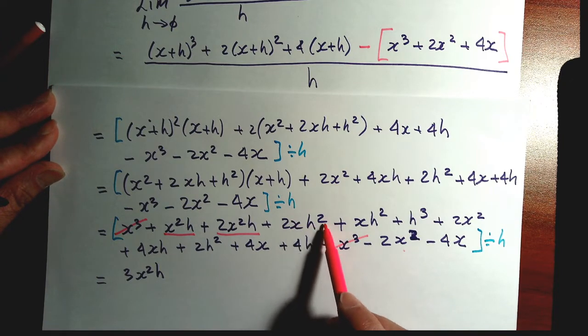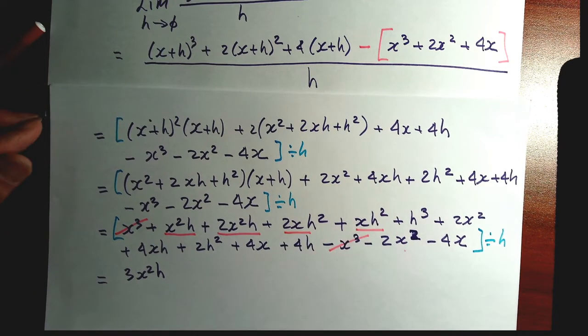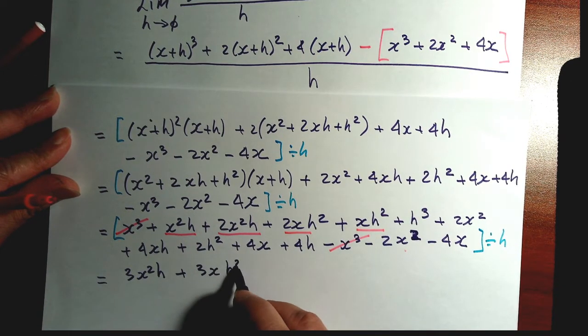Two x h squared plus x h squared, so I get 3xh squared.